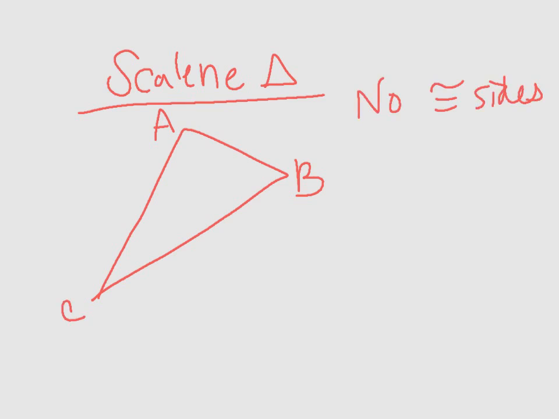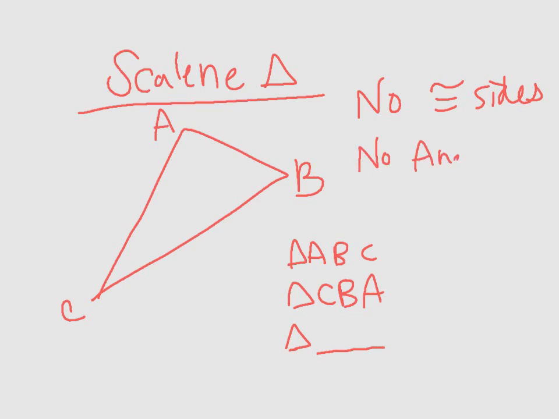Remember, you could say triangle ABC, you could say CBA, you could say whatever you wanted. Those three letters in any order would name that triangle. Now, because no sides are congruent, no angles are congruent either. So there's nothing special about a scalene triangle.